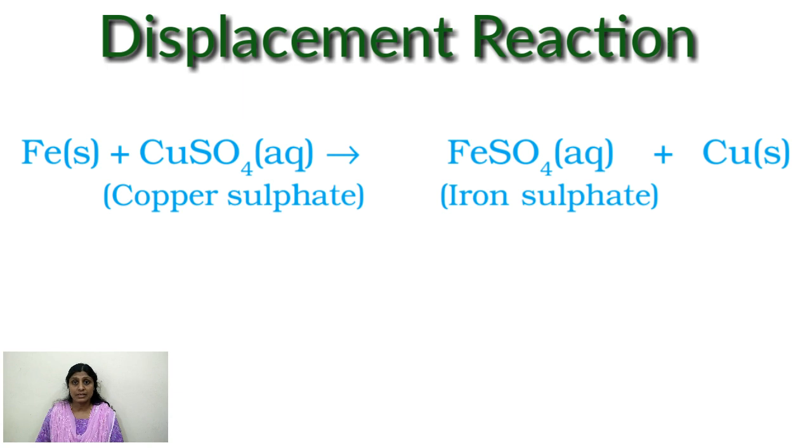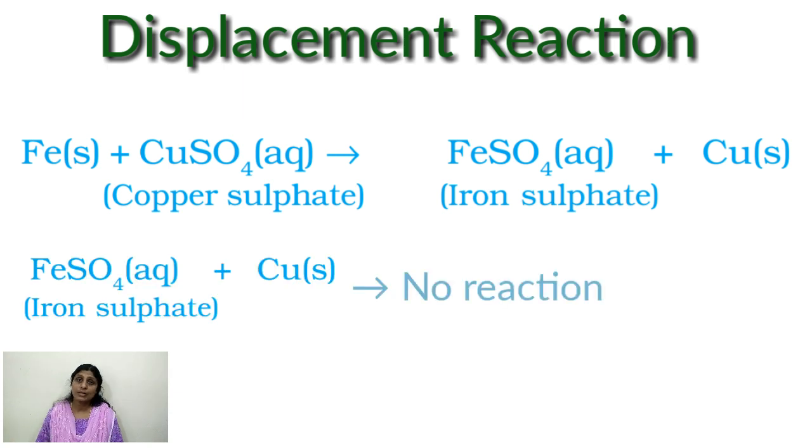If we keep copper in iron sulfate solution, no reaction takes place. Actually, the copper is less reactive than iron, so it cannot displace iron from iron sulfate solution. That is the reason.